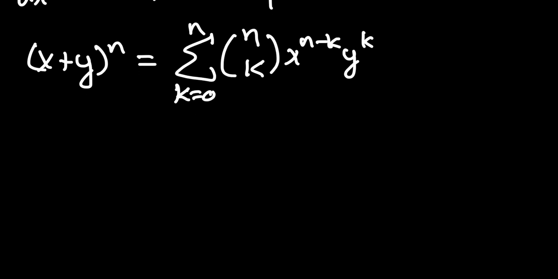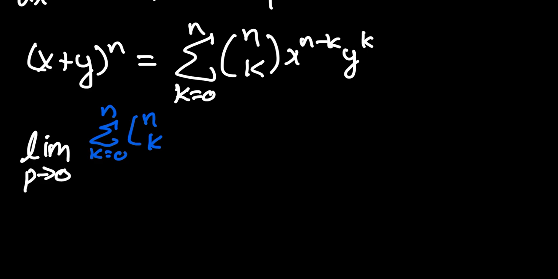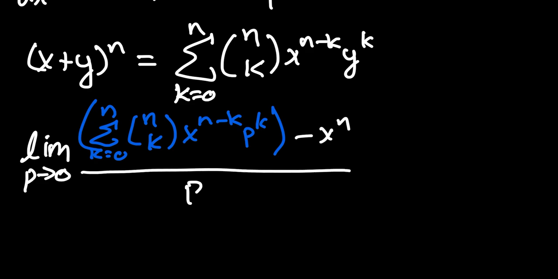Now, plugging in, we know the limit as p approaches 0 of this, which I'll put in blue right here, the sum from k equals 0 to n of n choose k, x to the n minus kth power times p to the kth power. And then we'll put this in parentheses, minus x to the n, all this over p.